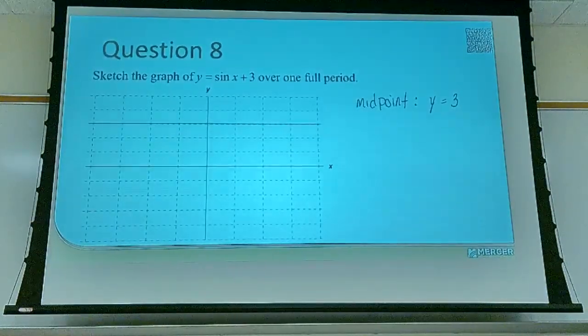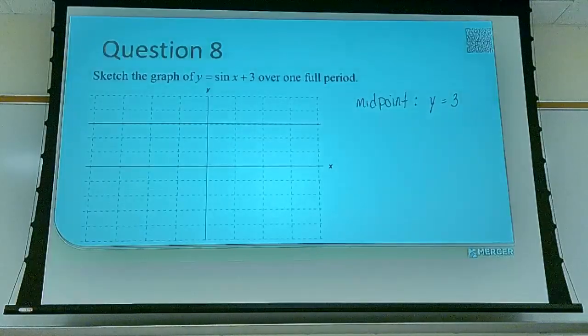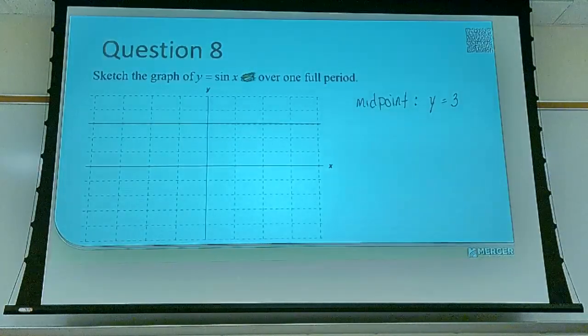And I'm going to treat that now as the x-axis. Which means we can now ignore this bit here. Now just look at sine of x and focus on that.